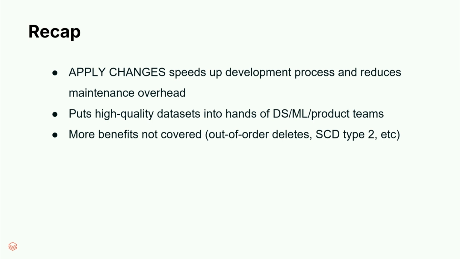And there are also benefits we didn't touch upon in these examples from Ray's portion of the talk, such as out-of-order deletes or SCD type 2, that you could potentially benefit from depending on your use case. So we definitely encourage you to check out DLT pipelines with apply changes.